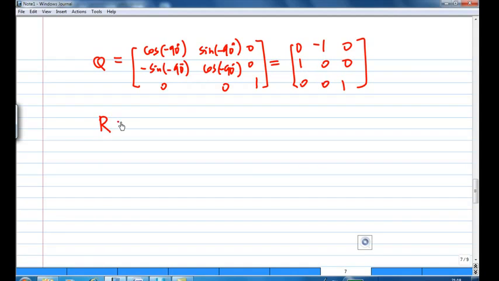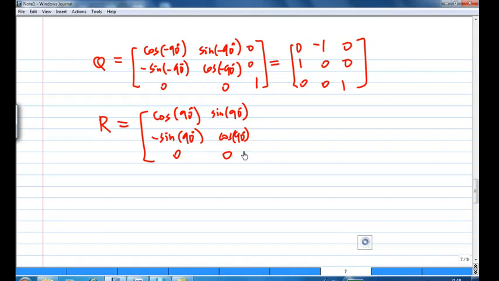And R is almost the same, because now it is a clockwise rotation, of 90: cosine 90, sine 90, minus sine 90, cosine 90, 0, 0, 1, which will give you 0, 1, 0; minus 1, 0, 0; 0, 0, 1.